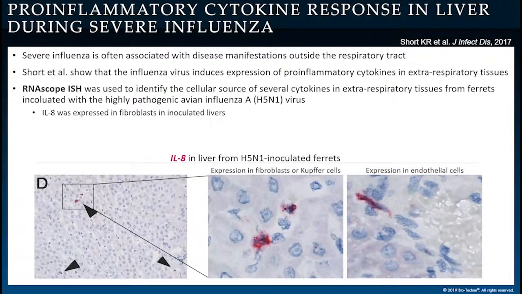They used the RNAscope ISH assay to identify the cellular source of several cytokines such as IL-6, IL-8, and TNF-alpha in extra-respiratory tissues from ferrets inoculated with the highly pathogenic avian influenza H5N1 virus, showing you the presence of, in this particular image, IL-8, but the paper also shows IL-6 and TNF-alpha.